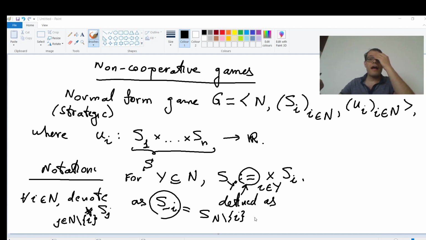Now something about finite games. We assume that a game always has a finite number of players. Of course, theoretically, we can think of a game with infinitely many players, even continuum many, for example. But for now, unless said otherwise, let us assume that the number of players is finite.